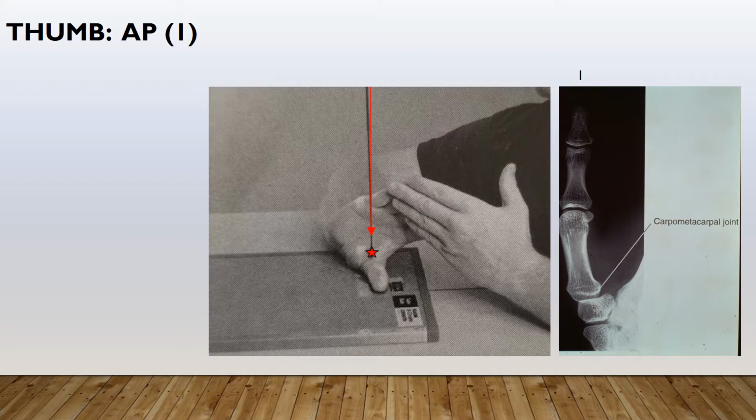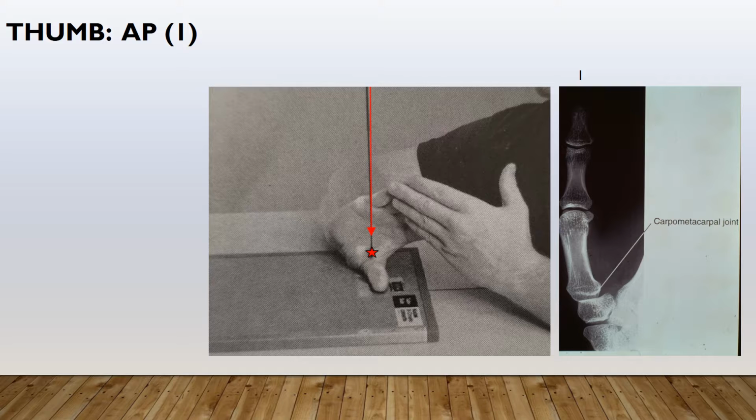Now, if I have a patient come in for a thumb x-ray, still think of the patient in anatomical position, palm up. So if I put the patient's hand with the palm up, then I have the view as an AP view. I'm going to make sure that the patient pulls the fingers out of the way. And then remember that the thumb is only going to have two bones inside of the thumb.